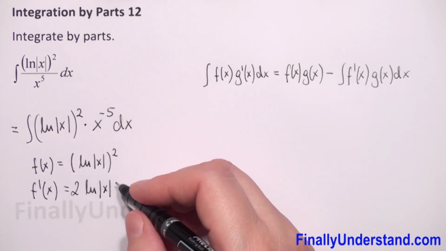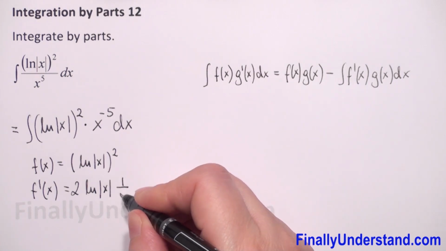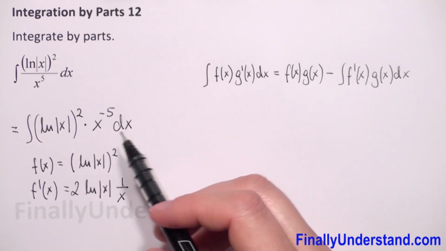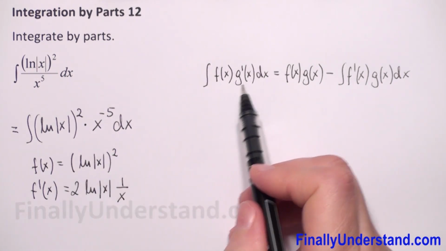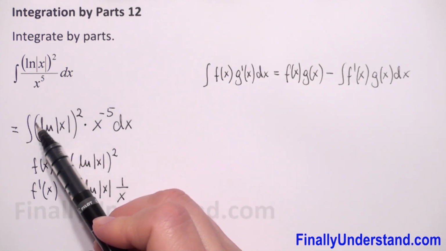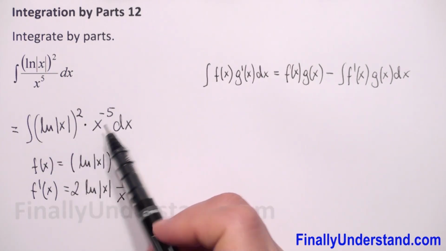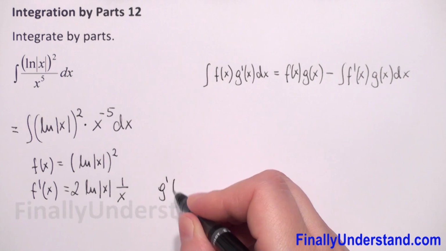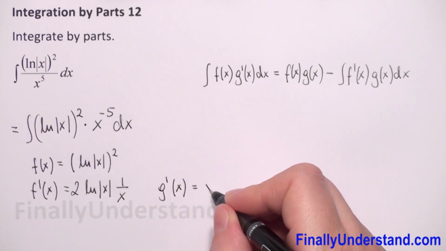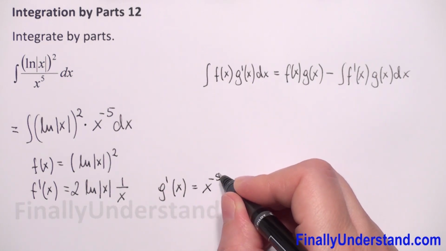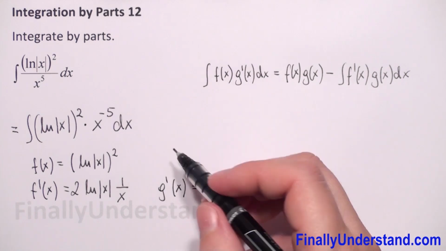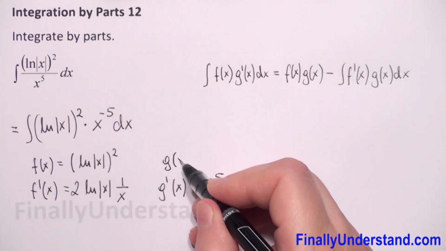The derivative of natural logarithm of absolute value of x is 1 over x. Now whatever is left is our g prime. f of x is this first expression, so we have g prime of x is equal to x to power negative 5. Now we need to find g of x.